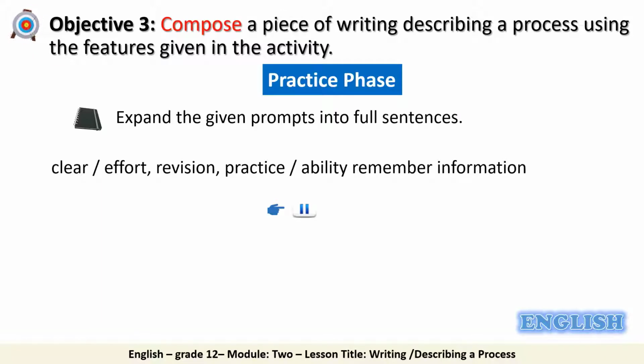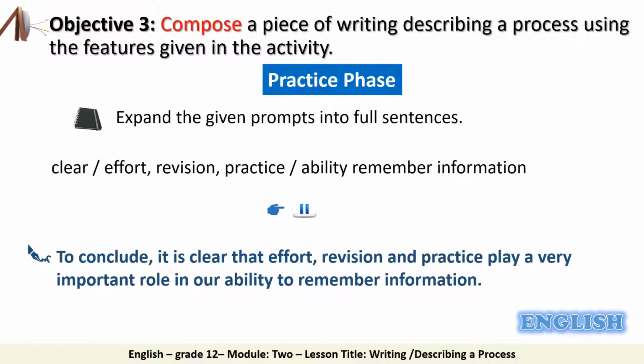Excellent. Let's see the suggested answer. You can write, to conclude, it is clear that effort, revision, and practice play a very important role in our ability to remember information. Very good.